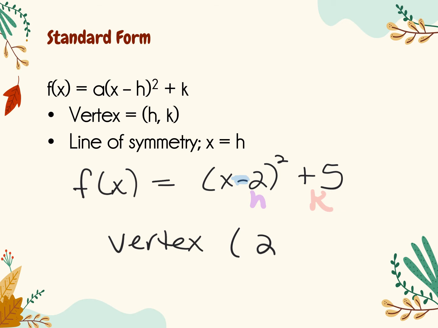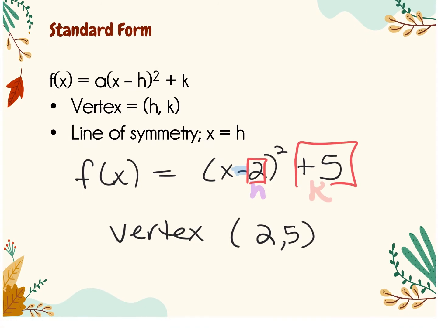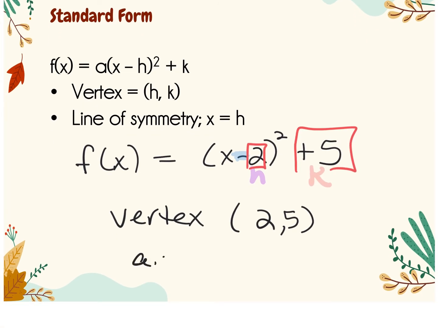So my H value is actually a positive 2. And then my K is the sign that's there. So my vertex is (2, 5). My axis of symmetry is going to be x equals 2.